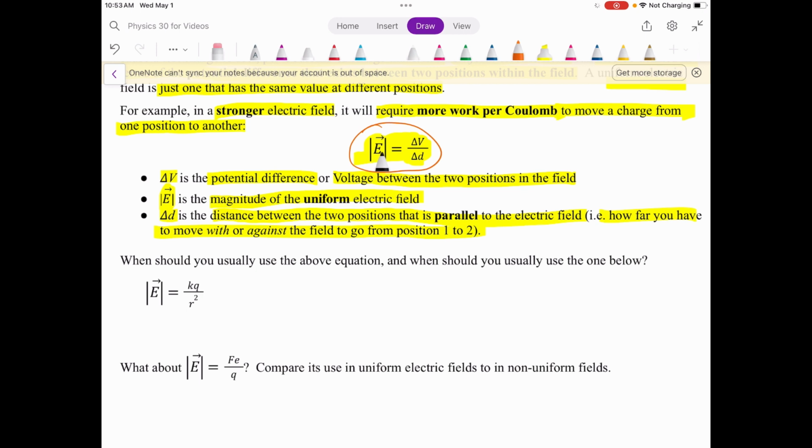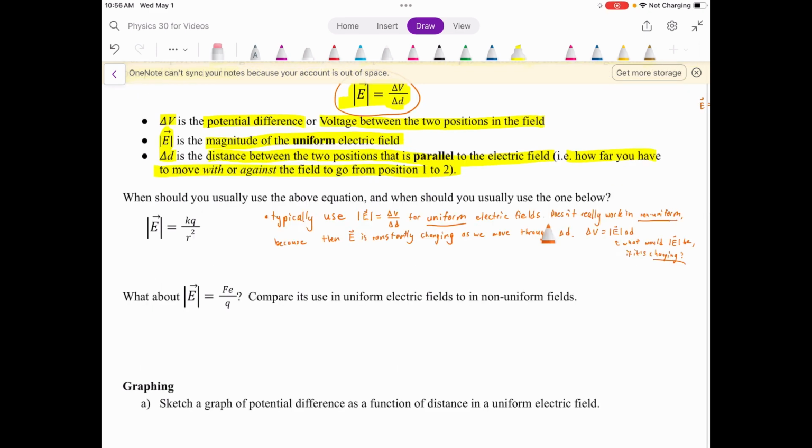It doesn't make very much sense in a non-uniform electric field because, as you move through that change in distance, every centimeter or millimeter that you move, the electric field strength is changing as well. So use this one for uniform electric fields. It doesn't really work in non-uniform fields because our electric field is constantly changing as we move through that change in distance.